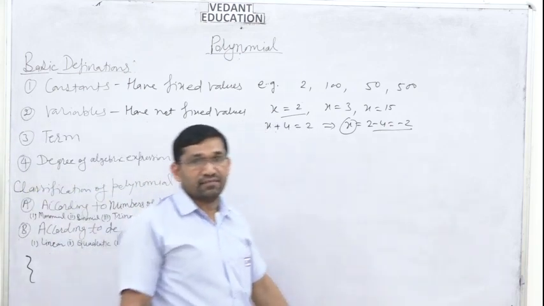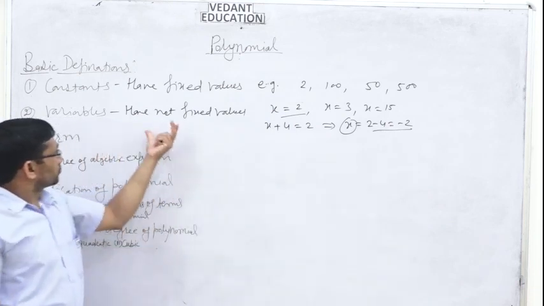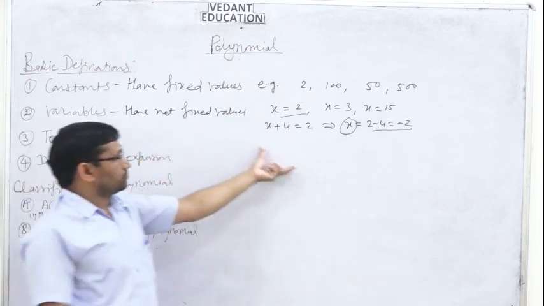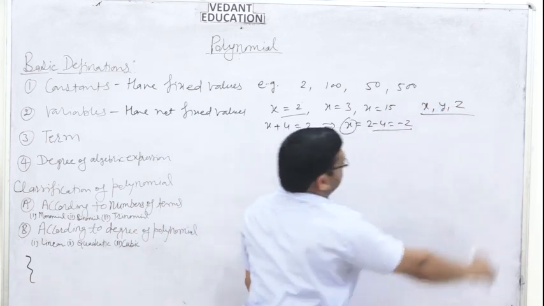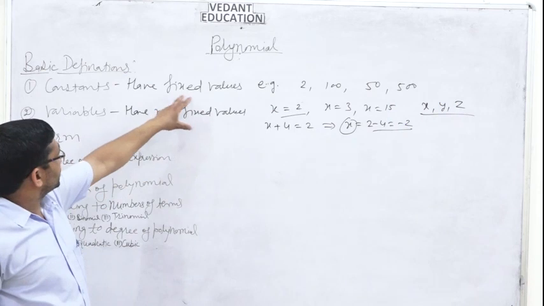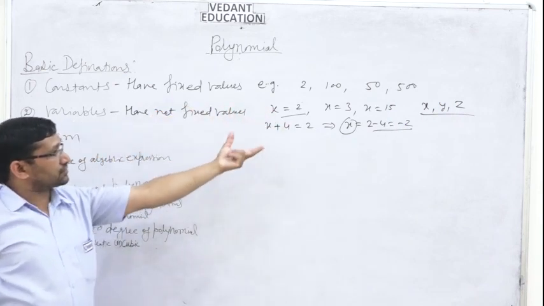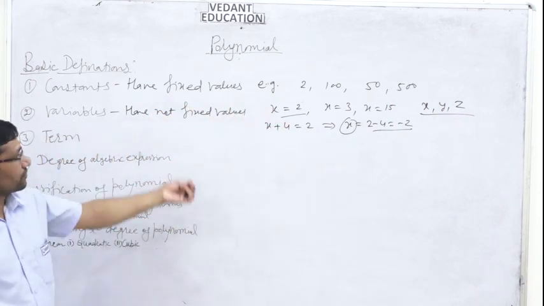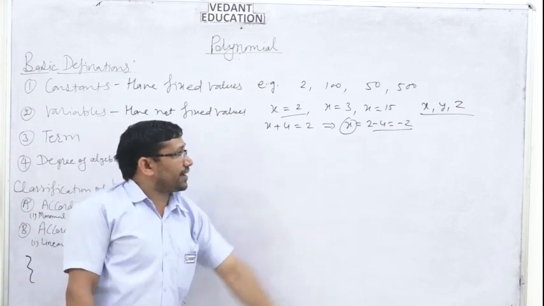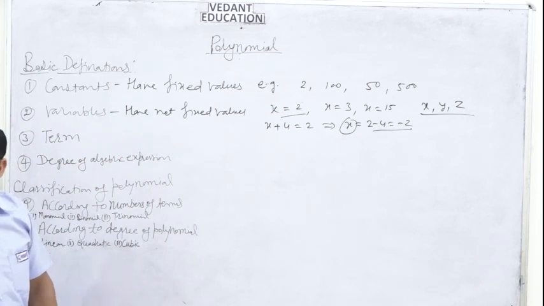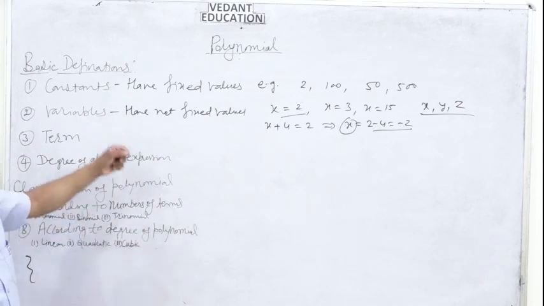So these are variables. Variables do not have fixed values. Variables are represented by x, y, z. Constants are represented by numbers and small a, b, c.